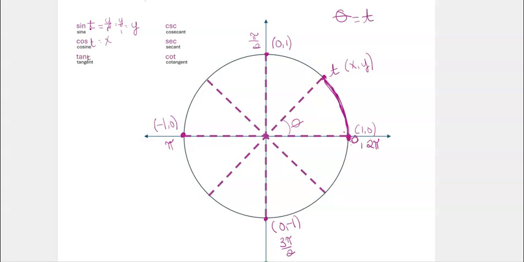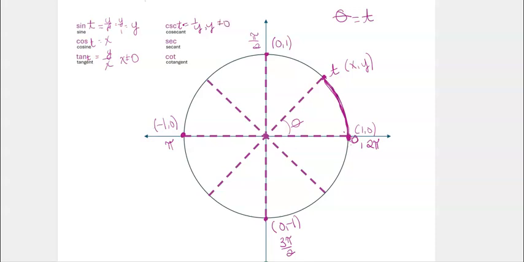And the tangent of t corresponds to y divided by x, where x cannot equal 0 because you cannot have 0 on the denominator. Now cosecant, secant, and cotangent are multiplicative inverses of these functions. So the cosecant of t is the inverse of the sine of t, which would, instead of being y over 1, be 1 over y, where y cannot equal 0.